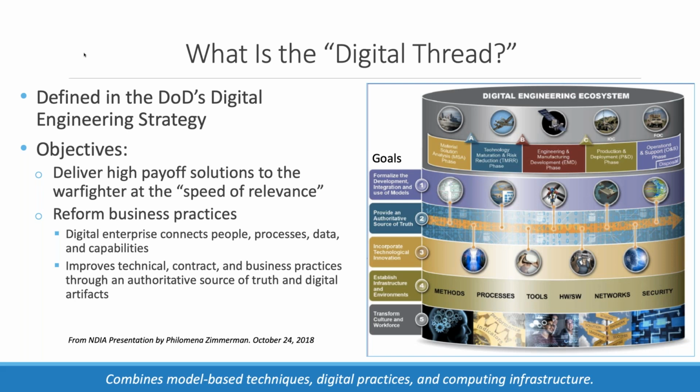In other words, a place where you can say, yes, that data has validity. I know that's correct information. This is all very difficult. It's not going to be easy or fast to do, but it's going to require us to combine model-based techniques, digital practices, and a very strong computing infrastructure.